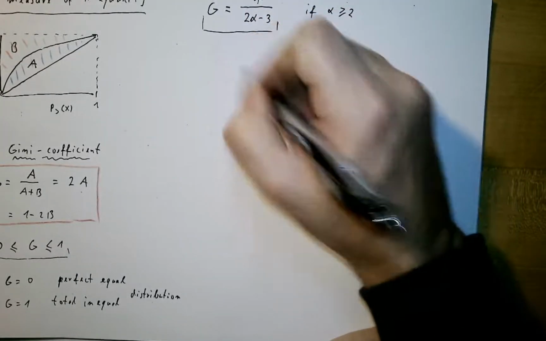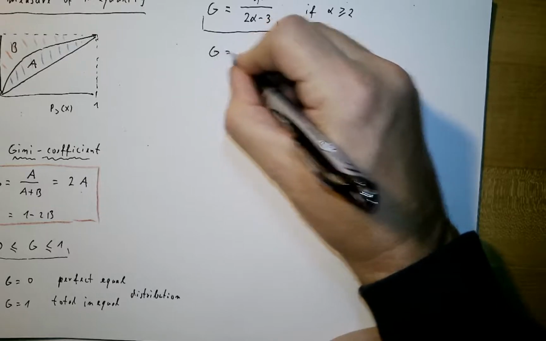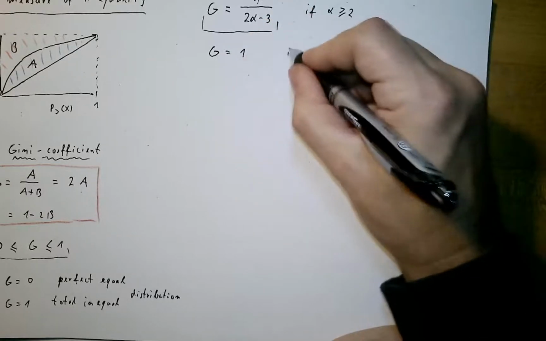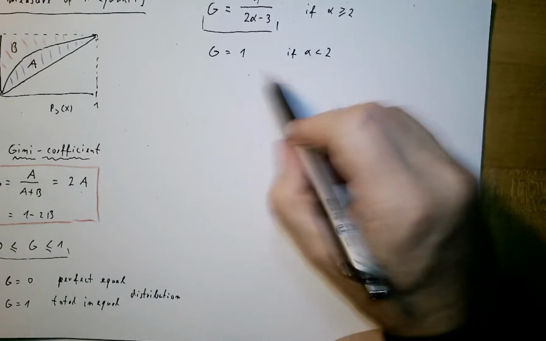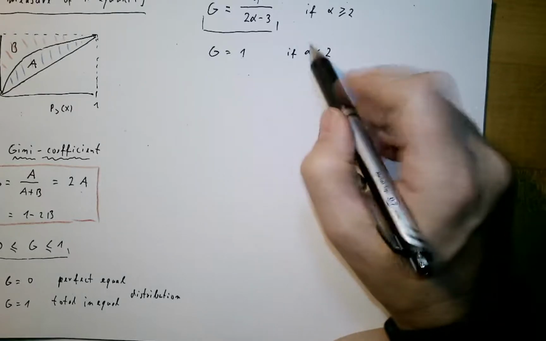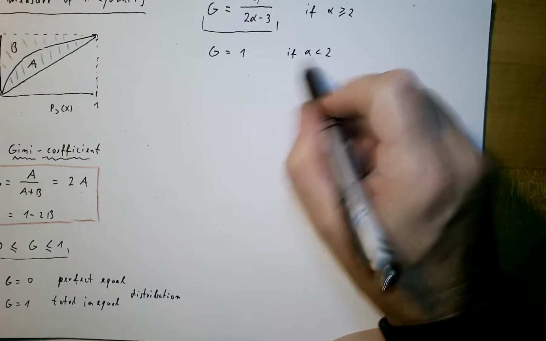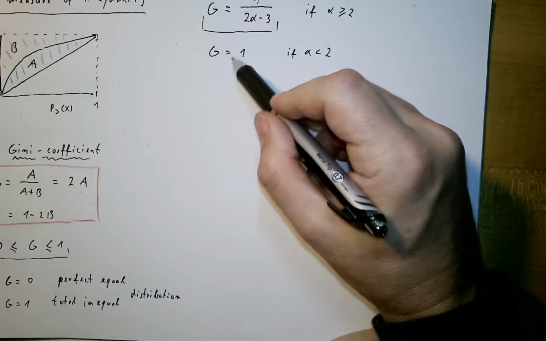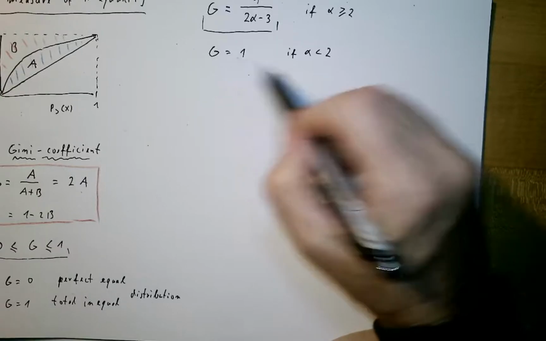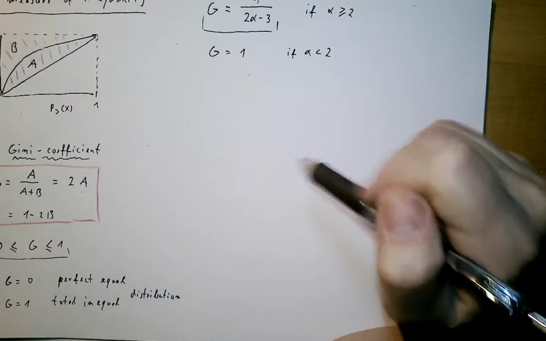And Gini is directly 1 if alpha is smaller than 2. Actually for alpha smaller than 2, Gini isn't even defined. So actually Gini equals 1 for alpha equal 2.